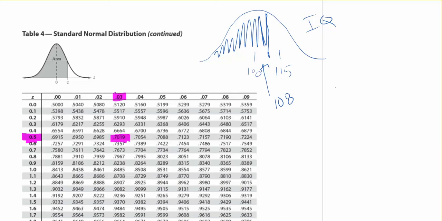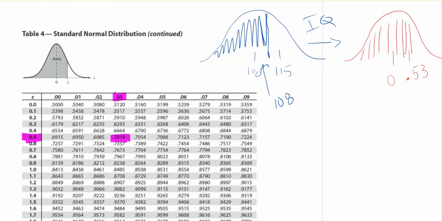So all we did was we changed this information into z-scores instead, and we said here's a z-score of a 0, and the z-score we wanted to look up was 0.53. What's the area underneath the curve from all the way over here back to 0.53?